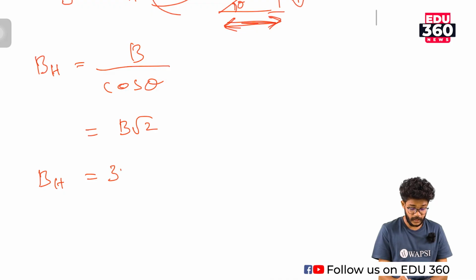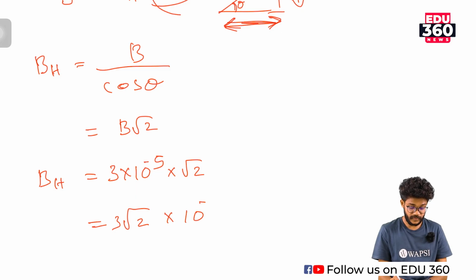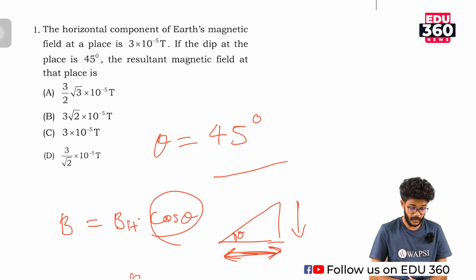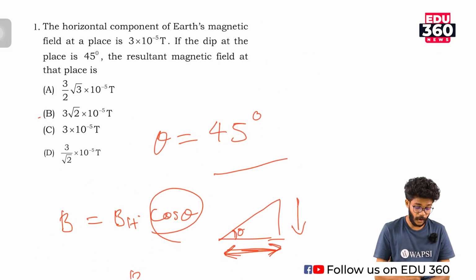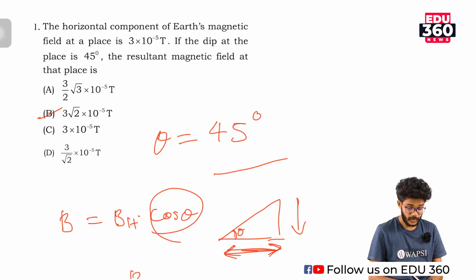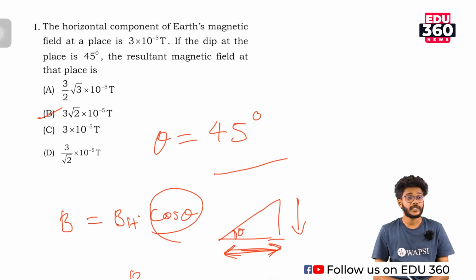Therefore 3 into 10 raised to minus 5 multiplied by root 2 is equal to 3 root 2 into 10 raised to minus 5. So that is option B, 3 root 2 into 10 raised to minus 5 Tesla. Okay, so we can move to the next question, the second one.